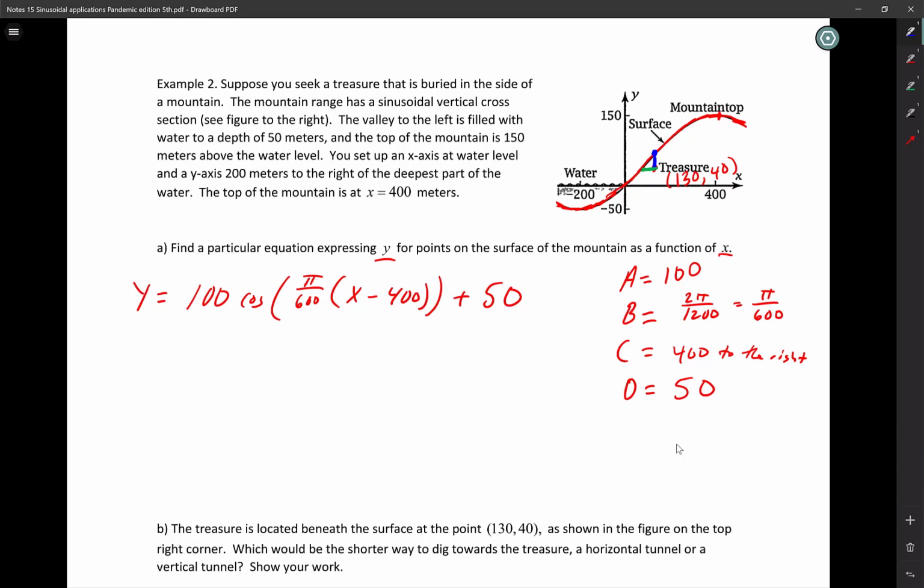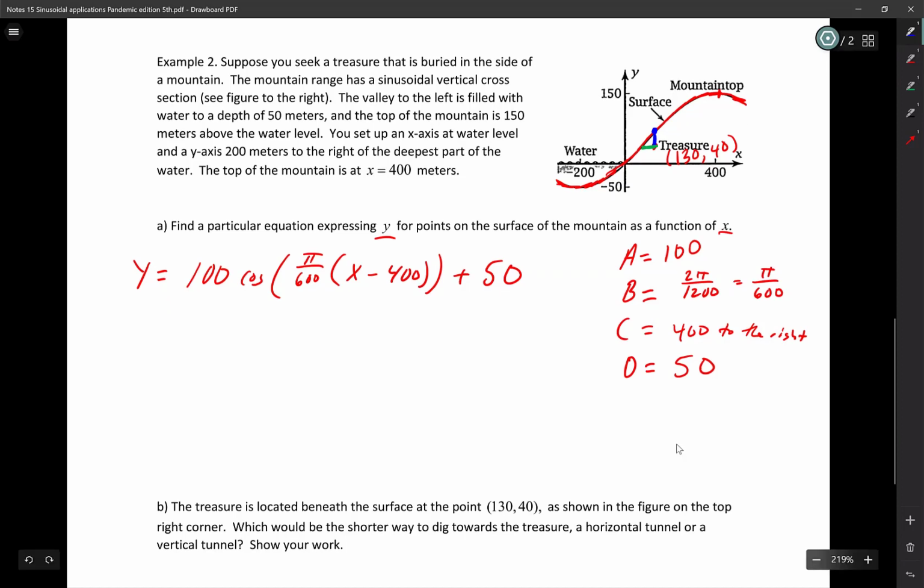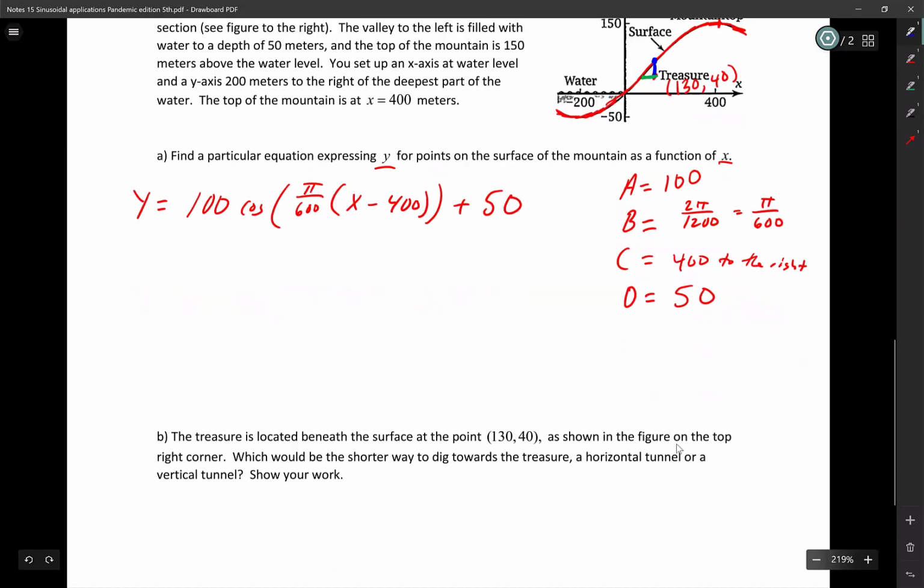Then that's going to give us the Y value of the mountain. And then we can just subtract the Y values. I can subtract the Y value from the mountain to the treasure, the 40. And that will tell me how long that vertical displacement is. Does that make sense, virtual class? Yes. Okay, all right.